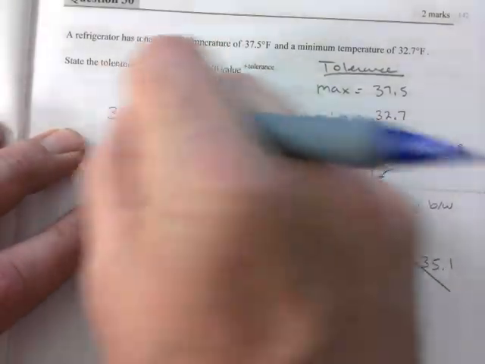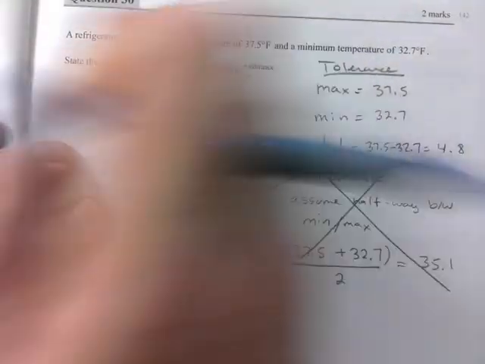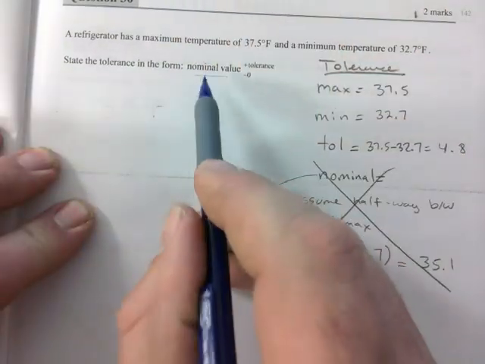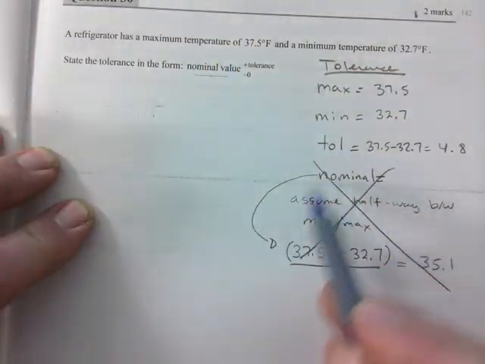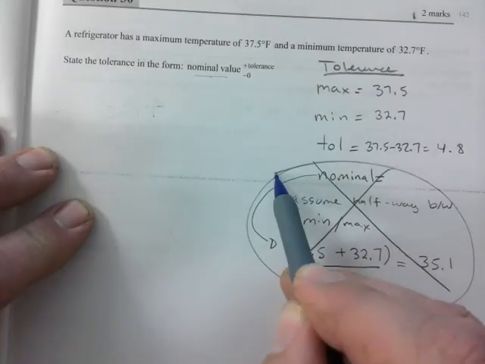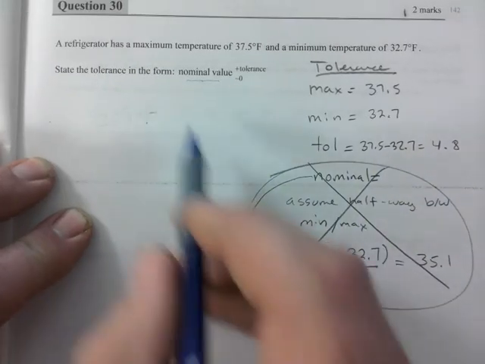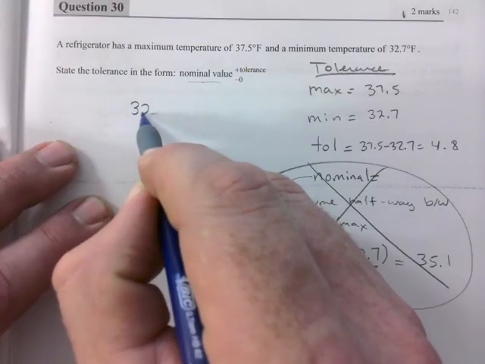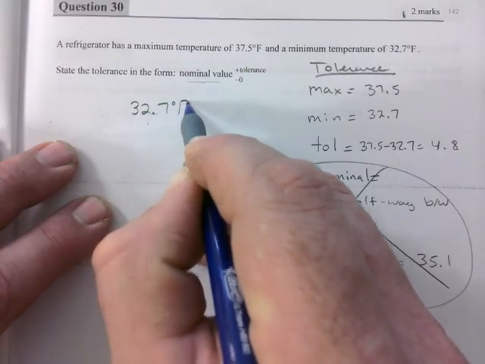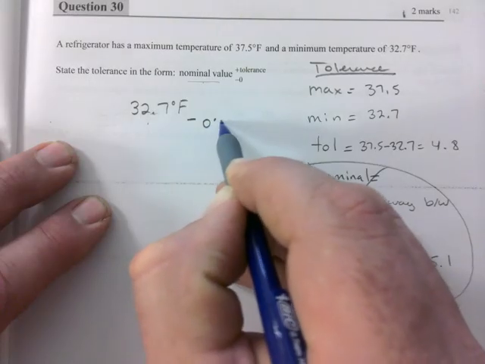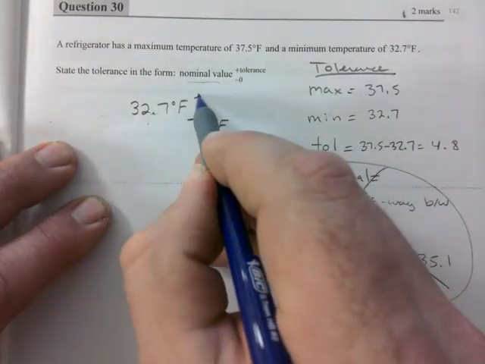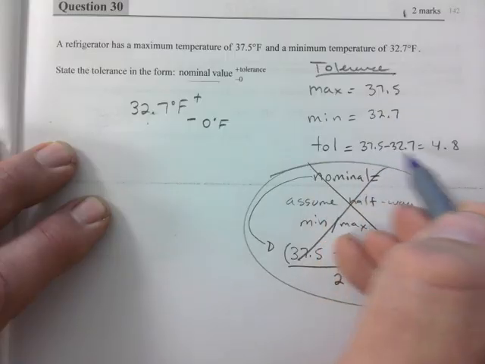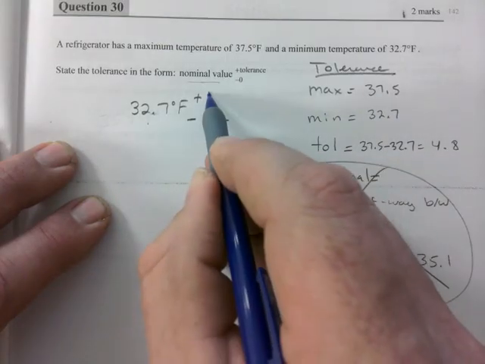That's my bad. I think this year they would already have told you that the nominal is halfway in between if they wanted you to do this. But for this example, do not do that. So 32.7, I apologize for that. Minus 0 degrees Fahrenheit, because you can't get any lower, plus whatever your tolerance is, 4.8.